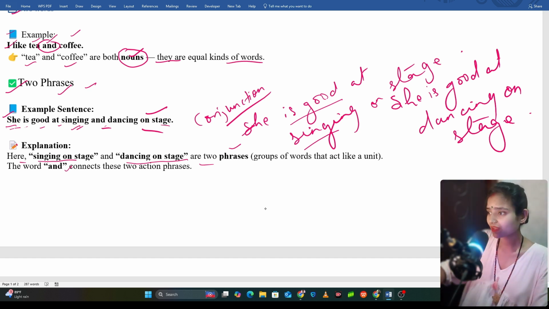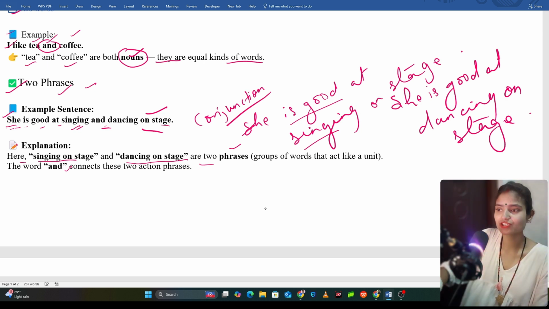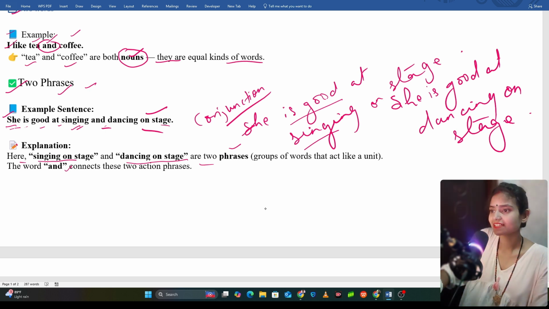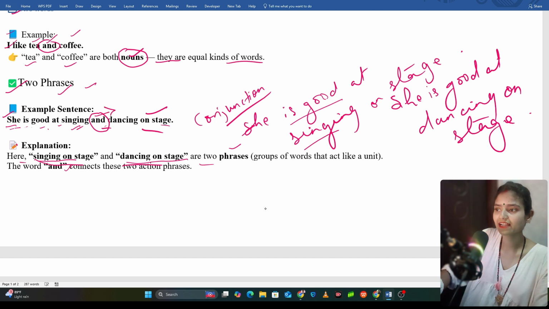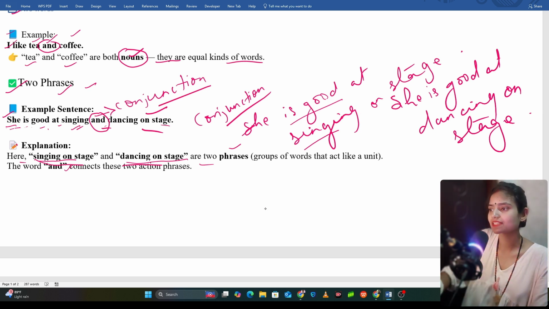So say here, she is good at singing and dancing on stage. It is very short and sweet. Yes or no? In one go only, the sentence is clear. Yes or no? So see, these phrases: singing on stage, dancing on stage. Yes or no? Singing on stage and dancing on stage are phrases, and who is helping to add these phrases? This and conjunction is helping to add these phrases. All right, I hope this is clear to you.